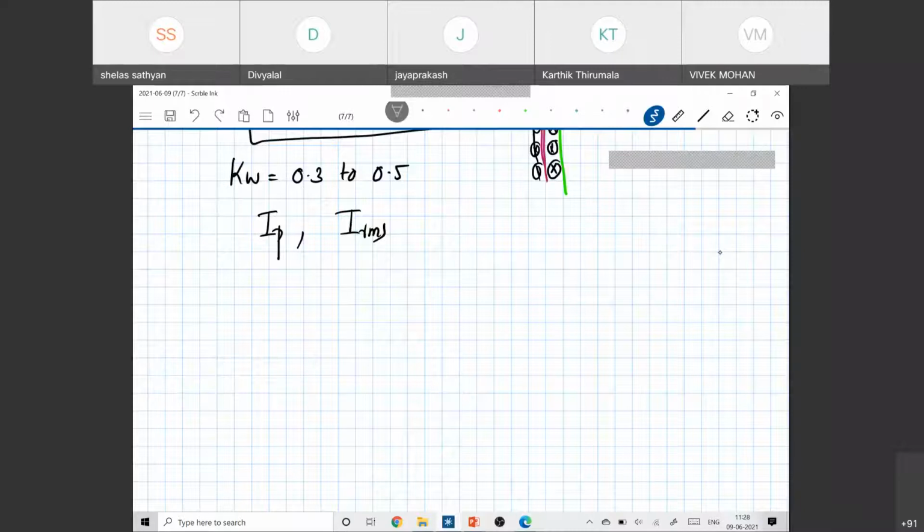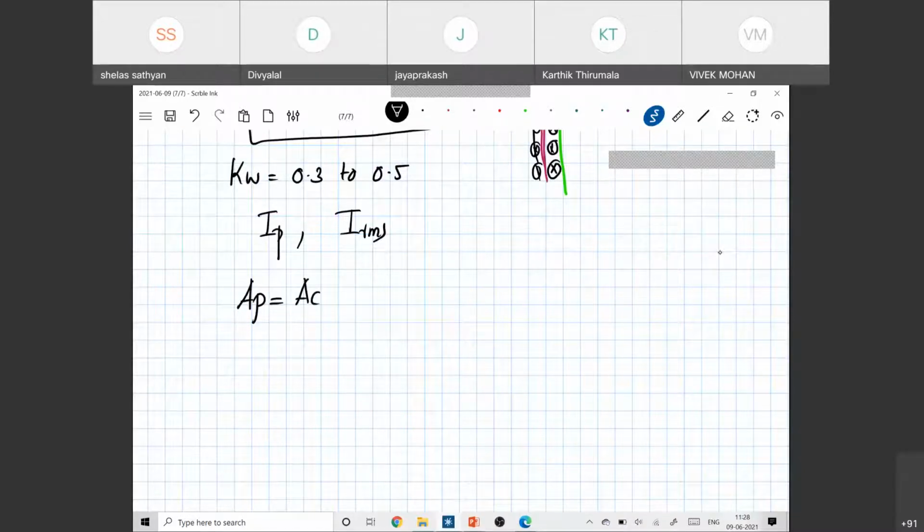Based on that, I'm not going into the derivations, you could find out the area product AP, which is given by AC into AW, and that is given by the inductance which we require multiplied by the peak value of the current flowing through the windings of the inductor multiplied with the RMS value of the current divided by KW, the window utilization factor that we have seen now, the maximum flux density BM and current density J.